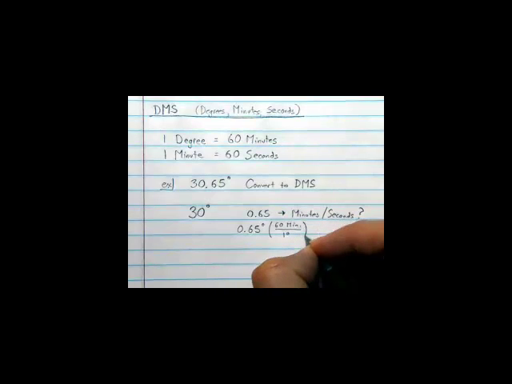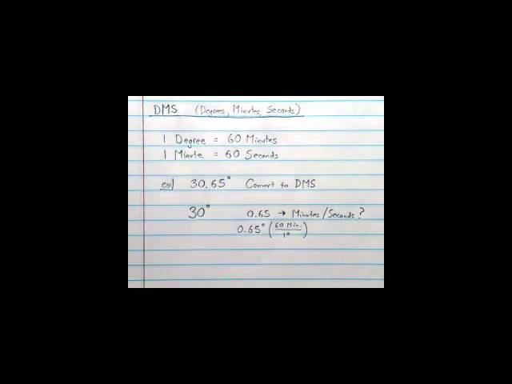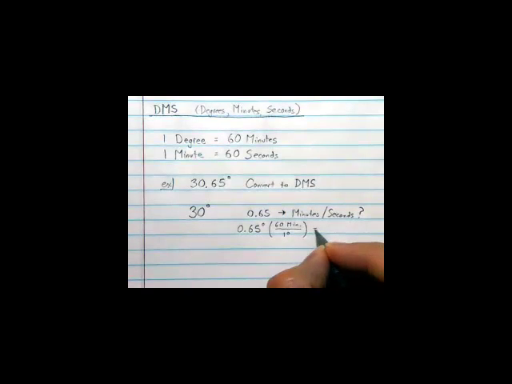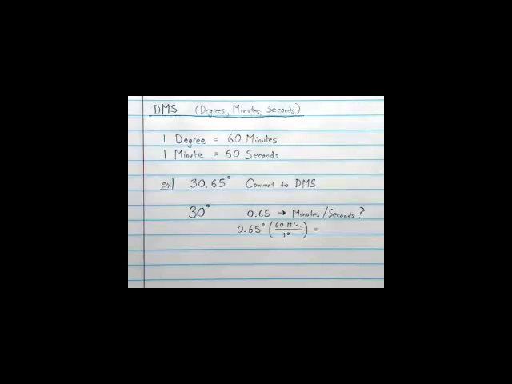Do you see how we're doing the same kind of dimensional analysis thing? We're going to cancel units. I'm going to cancel out degrees here, then I'm going to end up with minutes when I'm done. So 0.65 times 60, what's that get us? 39?